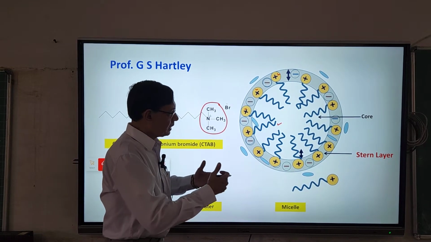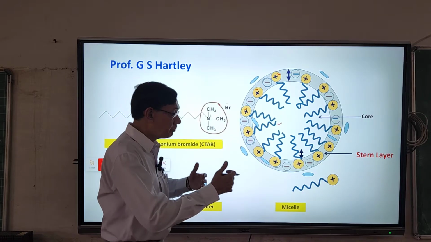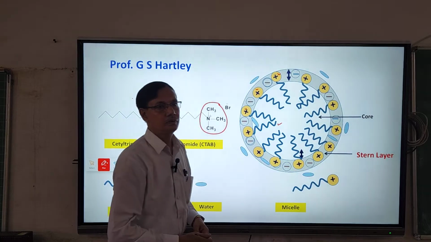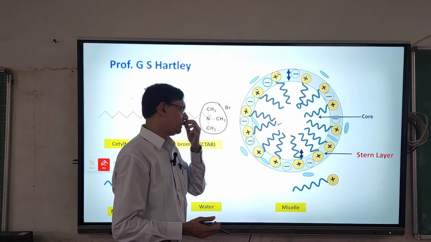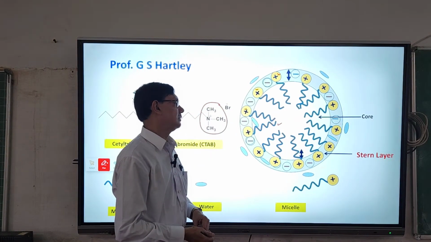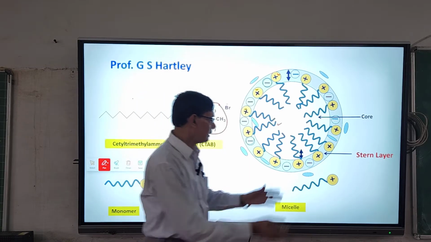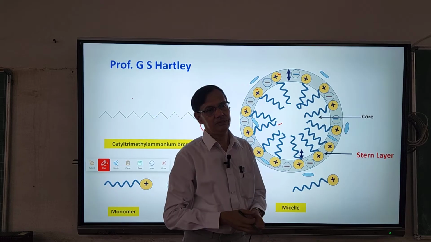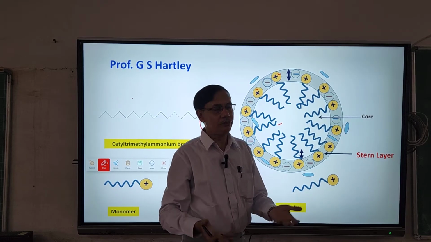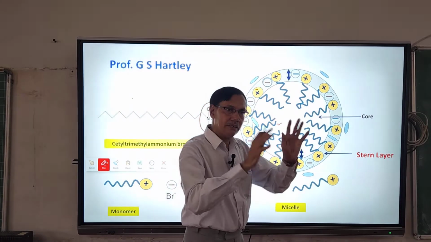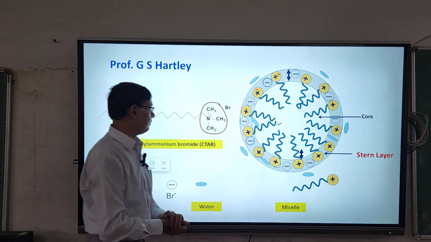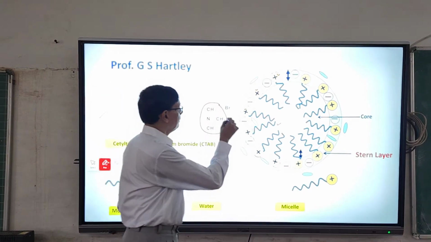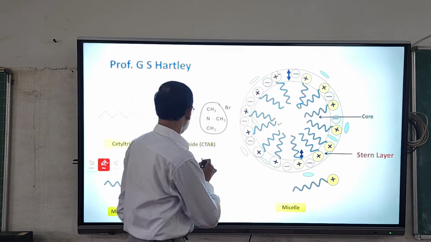And there must be some electrostatic repulsion between these head groups. It is quite natural. If I add some electrolytes, they will sit in between these two head groups in the Stern layer, so naturally that will affect this micellization process. Second point that I am going to tell you, which is very important, is the counter ion.